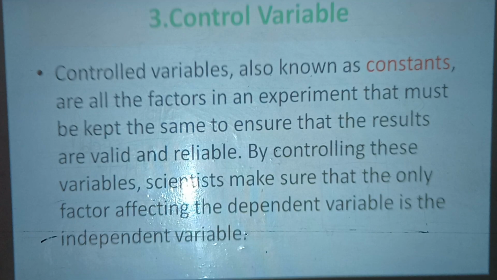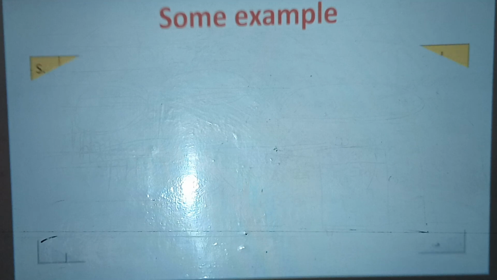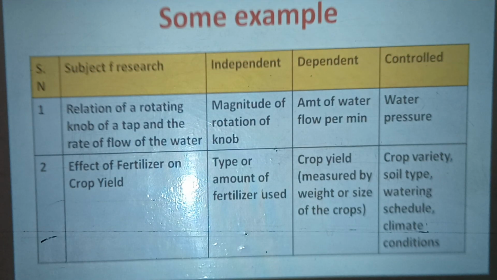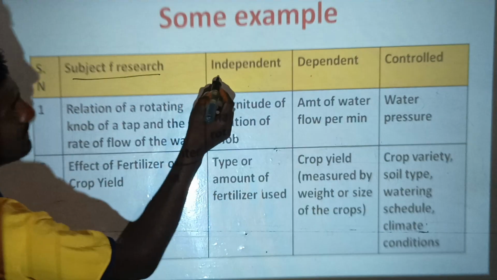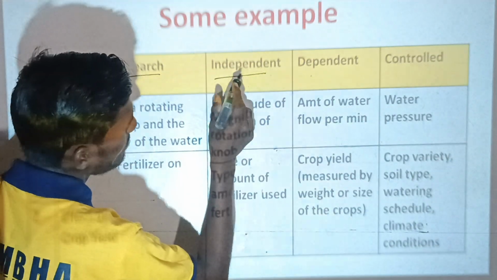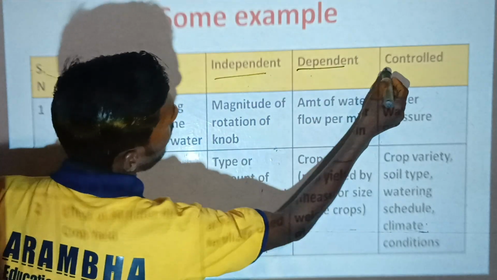Control variable means only the constant, whatever we can keep constant in the experiment. These we know as control variables. Some examples of control variables include the subject of the research. There is independent, dependent and control.